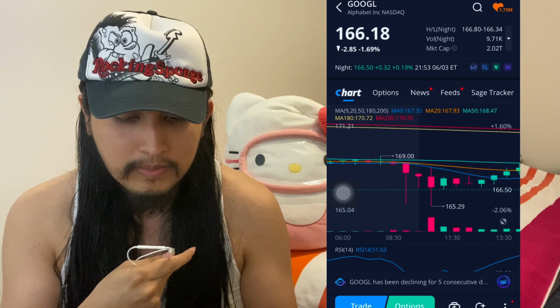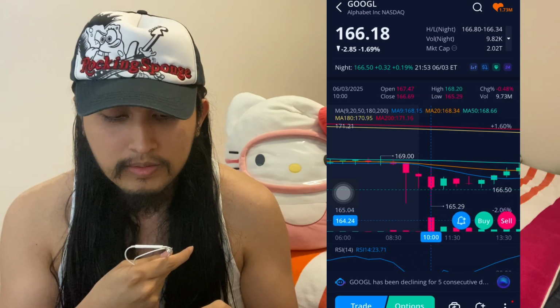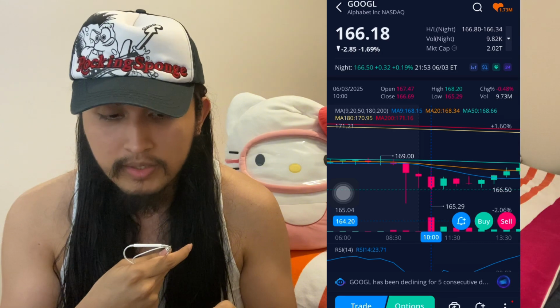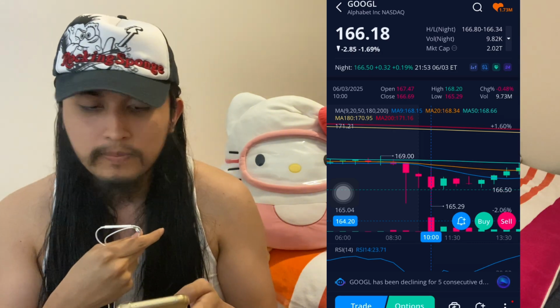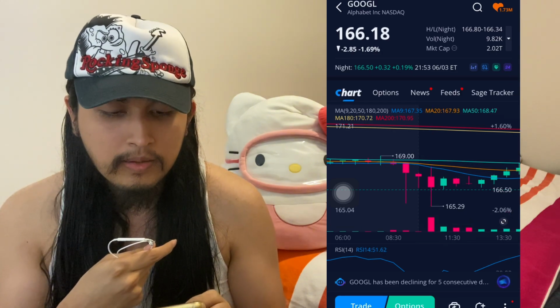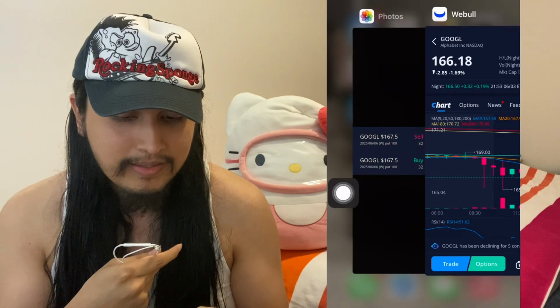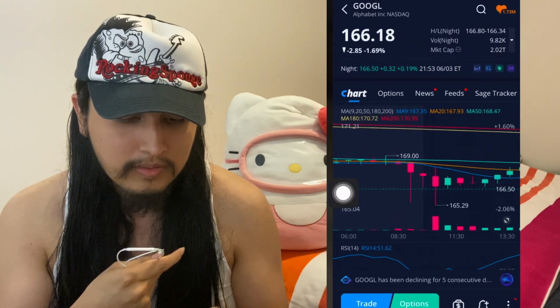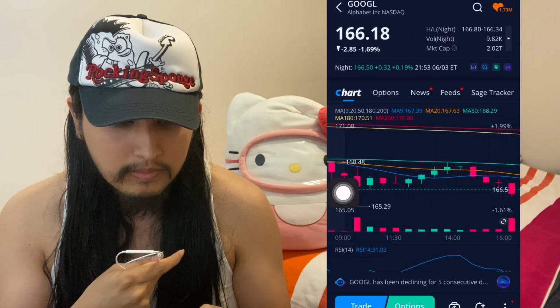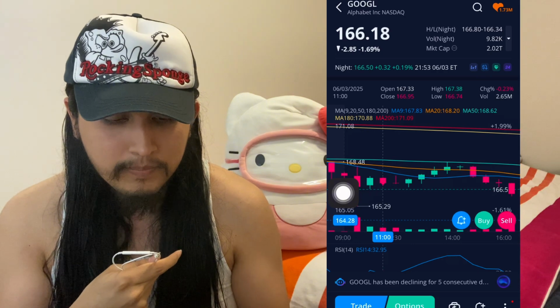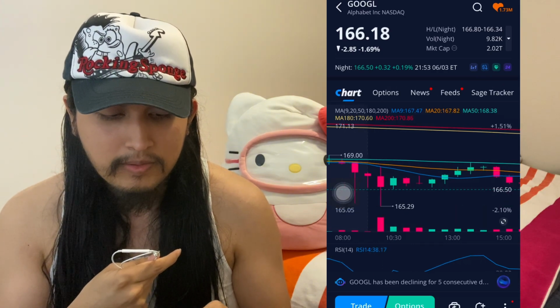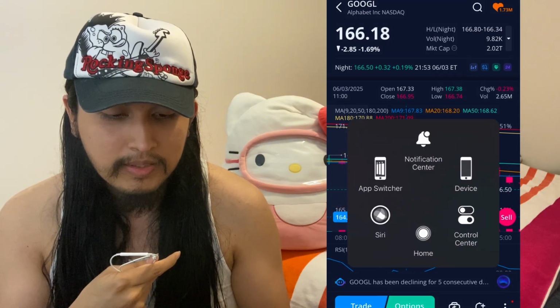Then you can see this big candle, the 10 candle, tried breaking the 9-day moving average and totally got rejected by it. So when I sold out at 10:56, which is this candle right here, I sold out the position at the 11 candle.